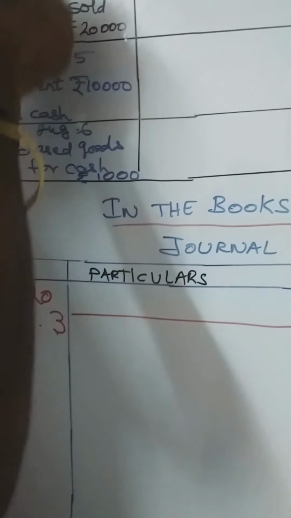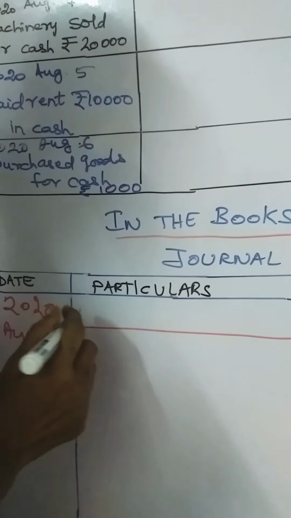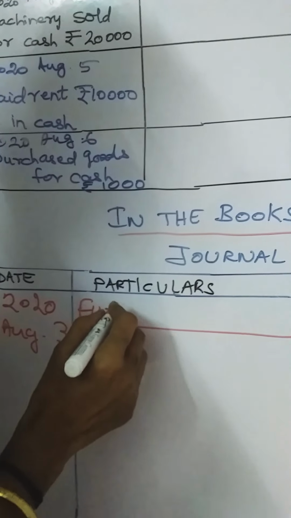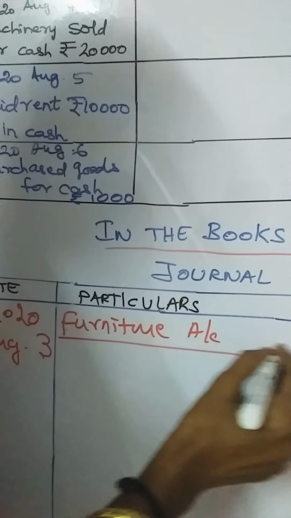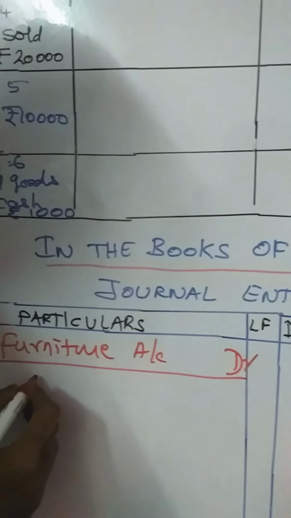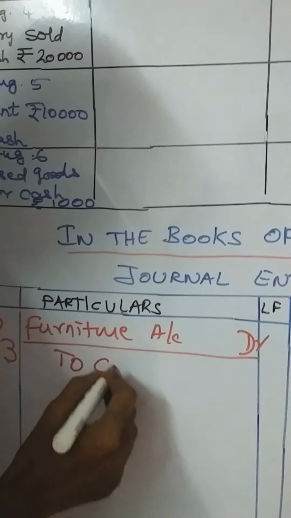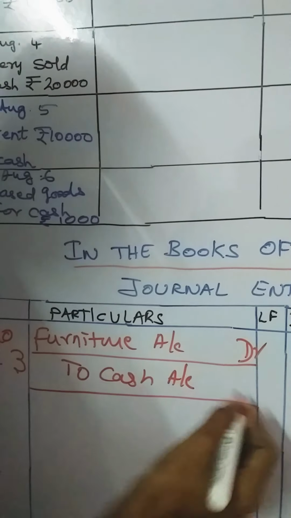Now, what comes inside? Furniture. When you purchase, furniture comes inside, so furniture should be debited. So, furniture account debtor. And what goes out? Cash. To cash account. That should be represented in the credit line.